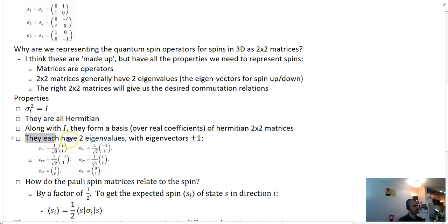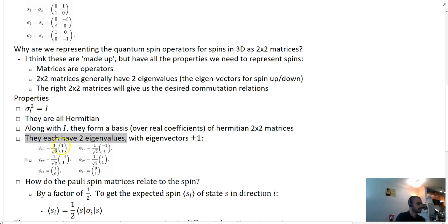They each have 2 eigenvalues, and so let's look at the Z eigenstates, (1, 0) and (0, 1). You can see if you multiply this by this matrix, you'll just get this back. If you multiply this by this matrix, it'll end up being multiplied by the -1, so you get negative this back. So this has an eigenvalue of +1, this has an eigenvalue of -1.